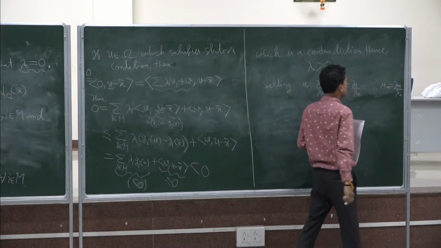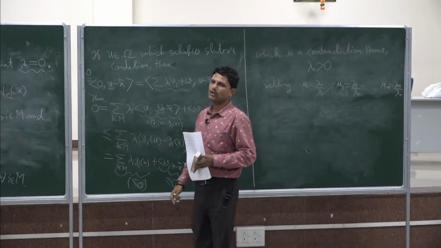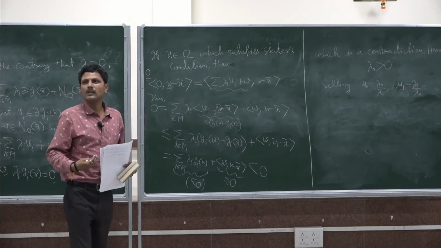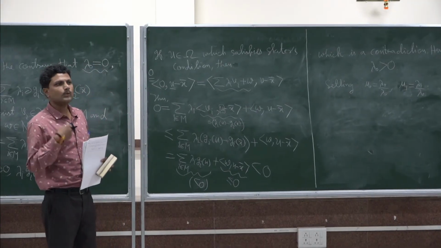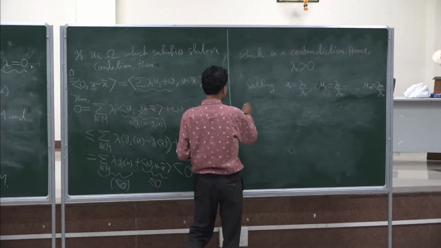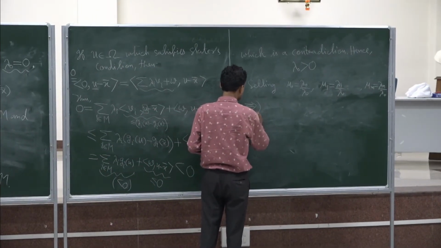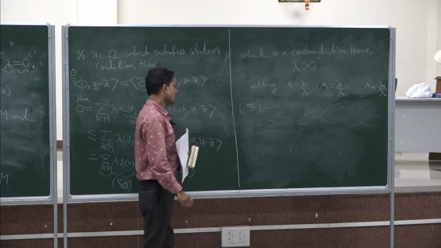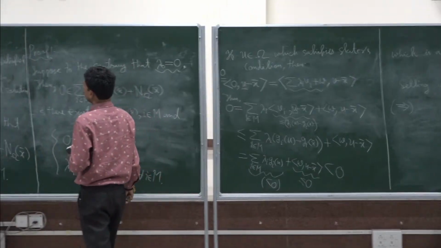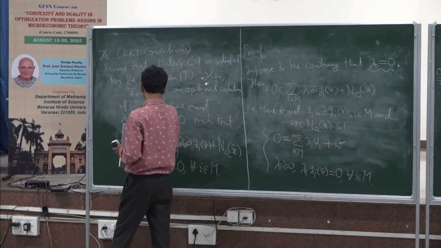So we can divide all the multipliers with lambda naught in the Fritz John type condition, and we have the KKT type optimality condition, right? So this is one way we have proved that this holds when this is an optimal solution, that this will be the case, that we have this condition.